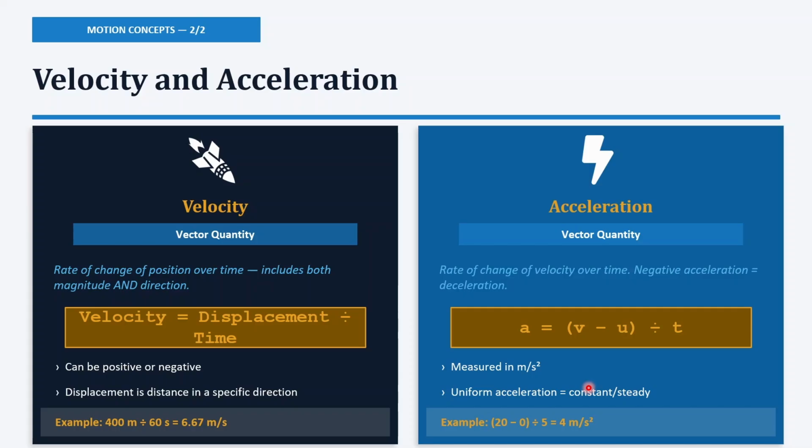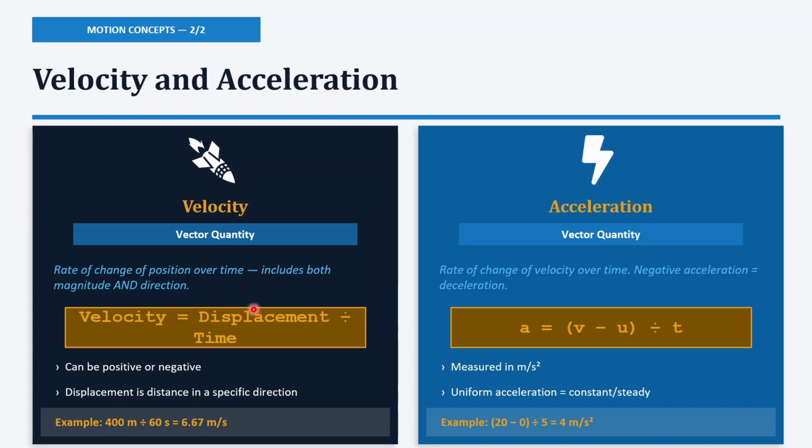The first one is velocity. Now, velocity is almost the same thing as speed, just that it's in a particular direction. So, for example, the formula for velocity is displacement over time. Displacement is distance in a specific direction.